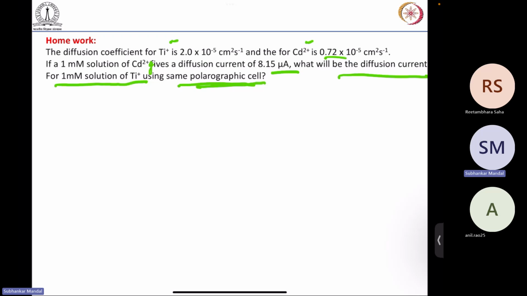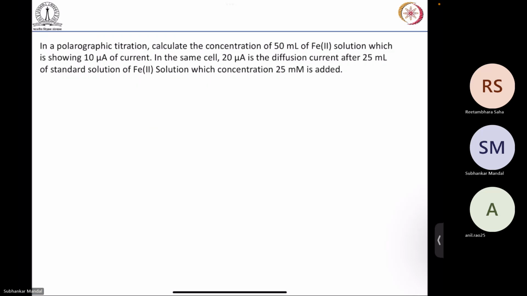That means you can take the ratio of the two currents. One current is given, so the other current you have to calculate. I can give the answer: it will be 6.79 microampere. So if you calculate, you can match with this.